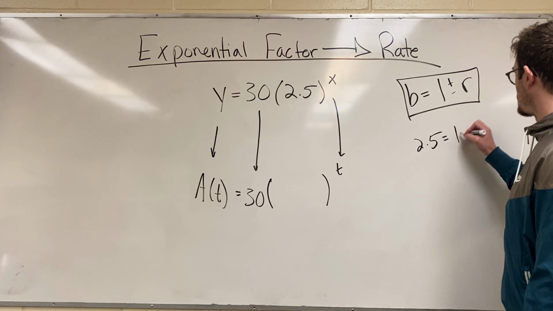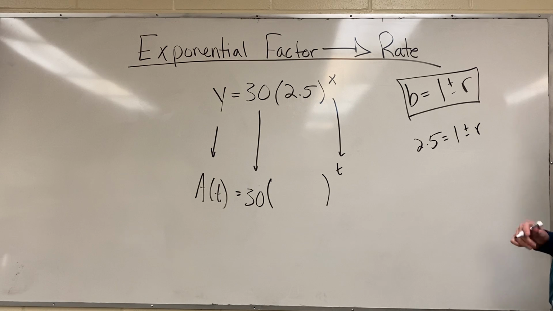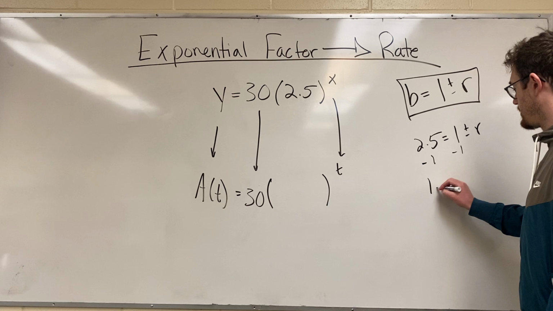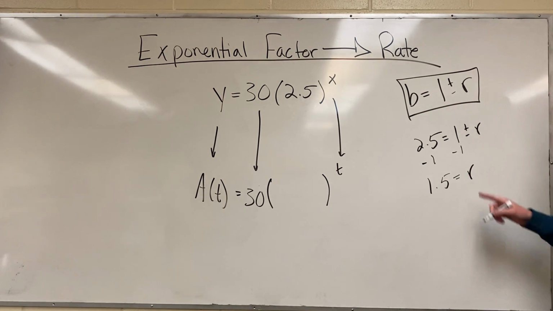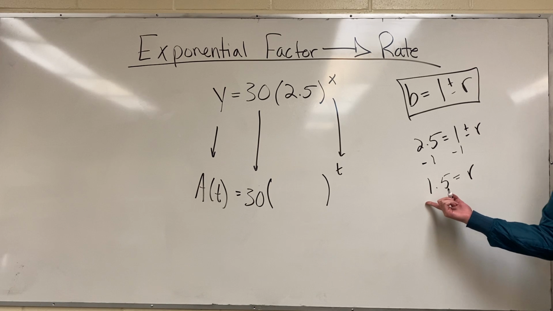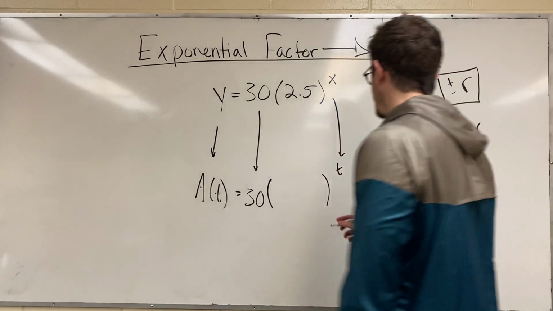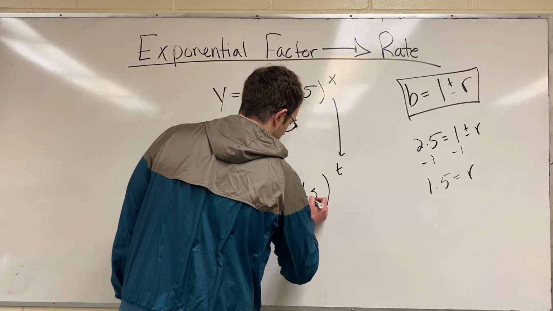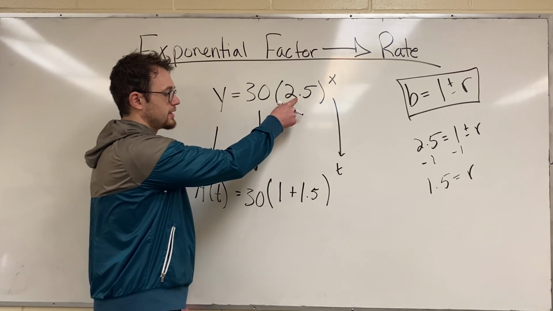This is always true. I can plug that in. So I can put in 2.5 equals 1 plus or minus r. Well, what do I do? I just subtract 1. Subtract 1, subtract 1. 1.5 equals r. Now it's no longer plus or minus because we have a positive number. So this would be 1 plus 1.5. And isn't 1 plus 1.5 2.5?